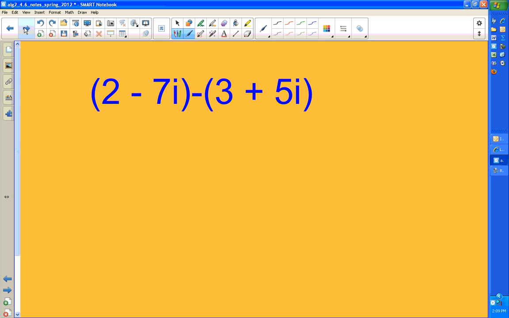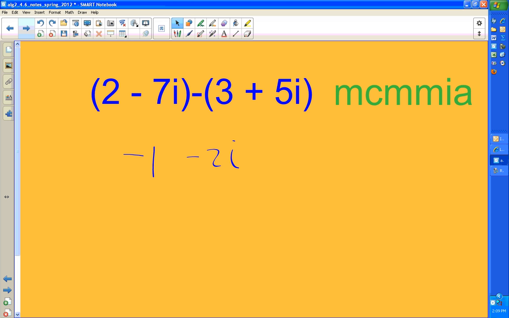2 minus 3, -1. -7i plus 5i minus 2i, right? That seems to make good sense. Except what you're doing here, let's see if it's in here. There it is. You're making the most commonly made mistake in algebra. Not in America, because I think they do this other places besides America.